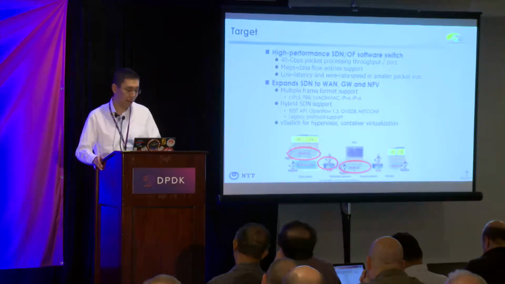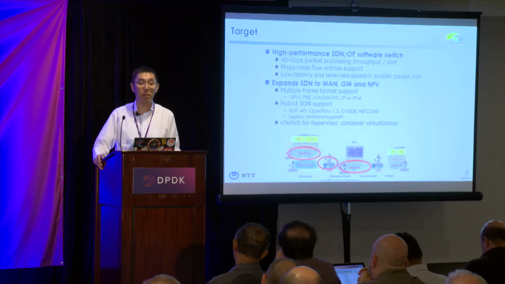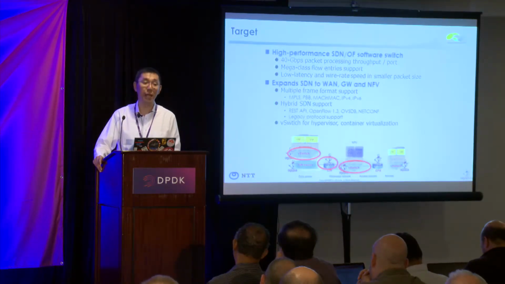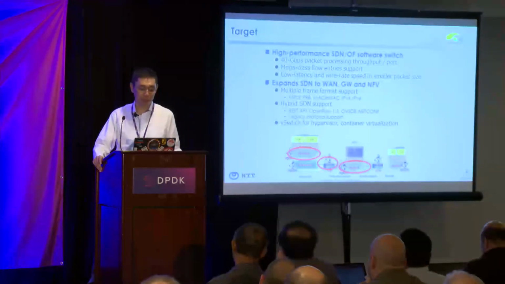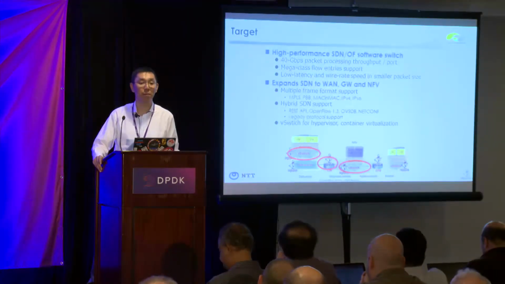And another topic is high performance virtual switches for NFV or cloud systems. The problem of the current NFV system is that we have a lot of bottlenecks in hypervisor switches.